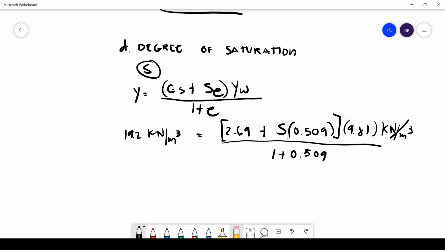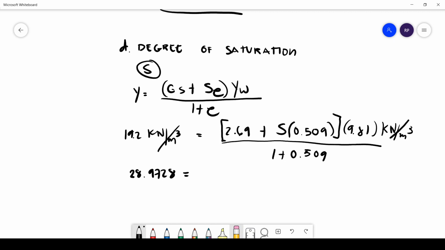Yeah. So I can cancel your kilonewton per cubic meter. And then simplify ulit natin. So that is 19.2 times 1 multiplied by 1.509. That is 28.9728. That would be equal to, and distribute ko na yung 9.81 sa loob ng bracket.